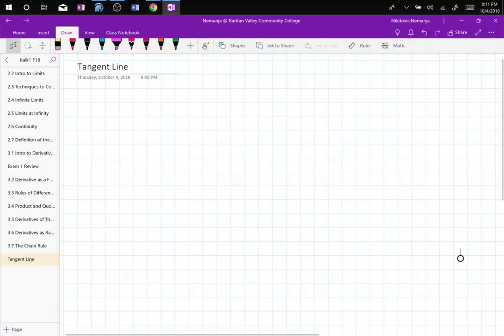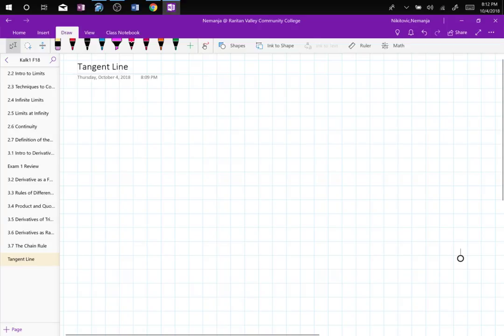So the tangent line measures the instantaneous change. Your speed in the car as you are driving, all of that are just values that you are getting from the tangent line calculation.